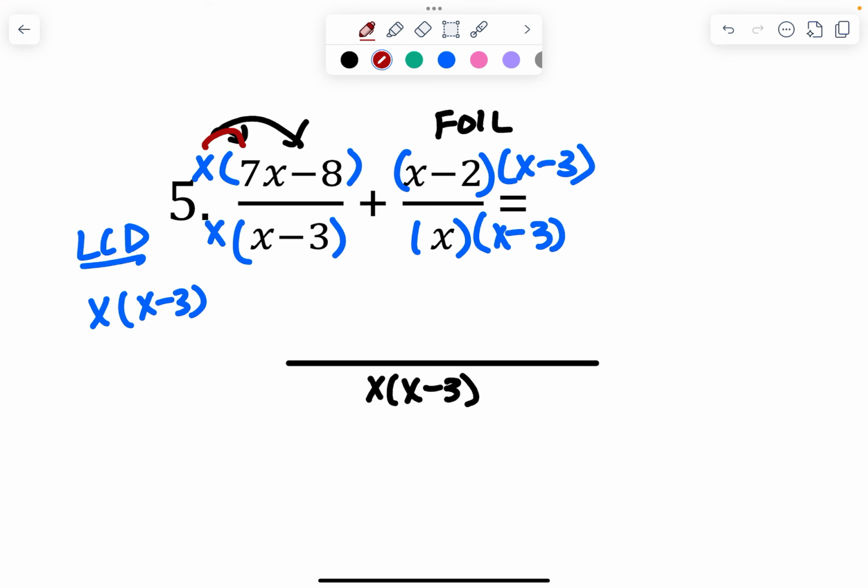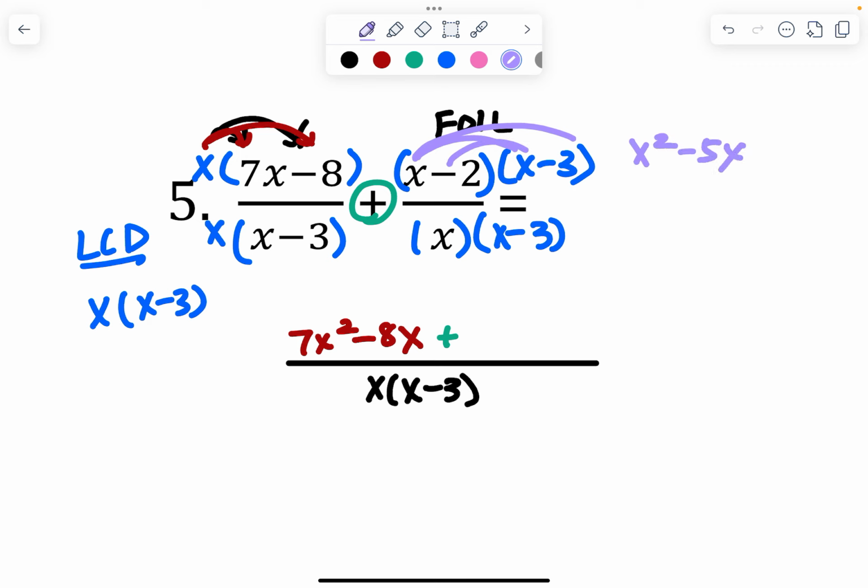And then I'm going to go ahead and distribute this x to get 7x squared minus 8x. And then we have our plus sign. And then to FOIL, we're going to get x squared minus 3x minus 2x, which is minus 5x, and then plus 6.